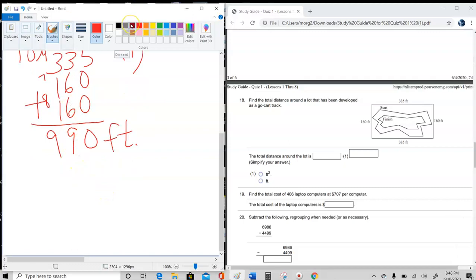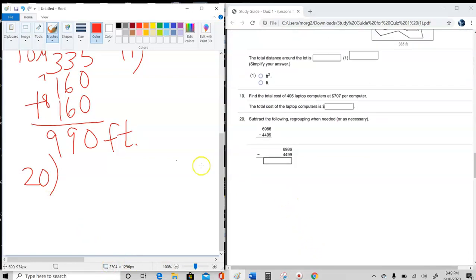Last question on your study guide. Subtract the following and regroup when needed or as necessary. So let's write down our question first. And by the way, regrouping is the same thing as borrowing.